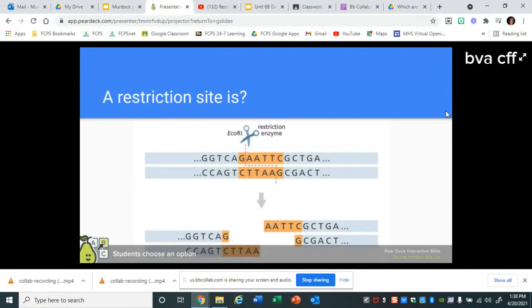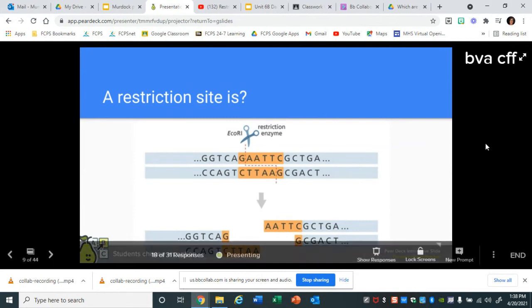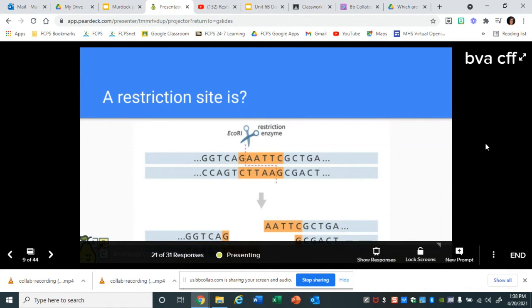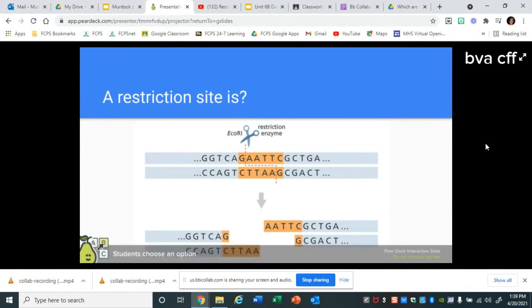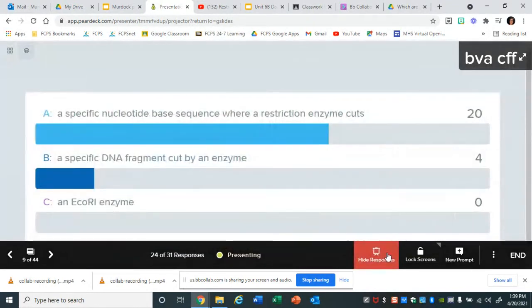The restriction site could be described as a specific nucleotide base sequence where a restriction enzyme cuts. That is it. Yes. Okay.